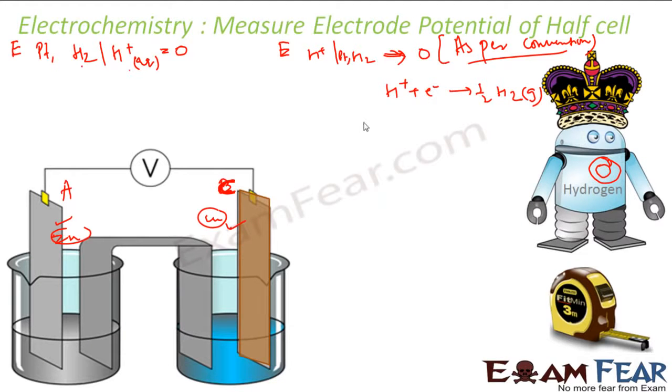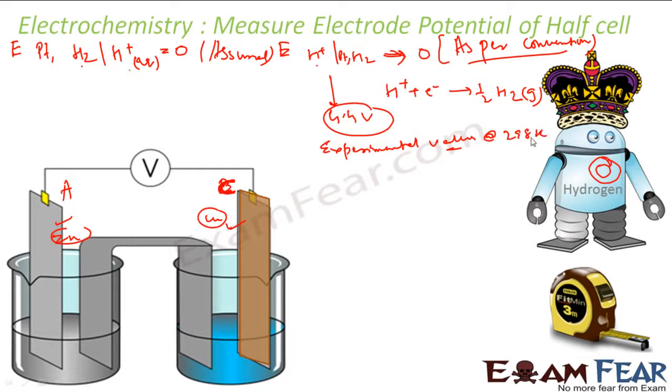And please note here that this value is assumed. These are all assumed values. The estimated value is almost 4.4 volt from H+ to H2. That is the actual value, the experimental value, at STP, at 298 Kelvin, this is the absolute value.